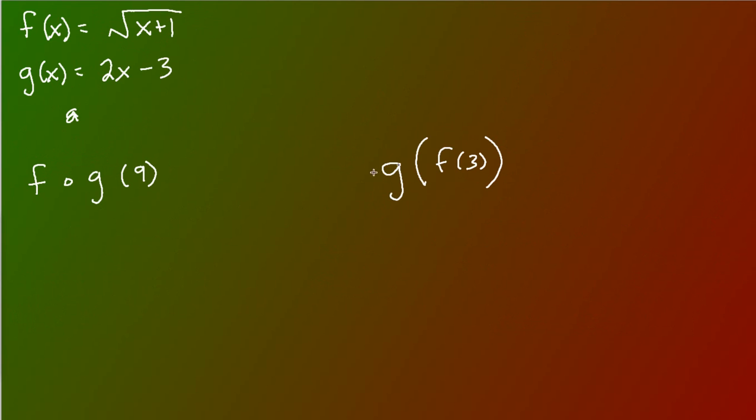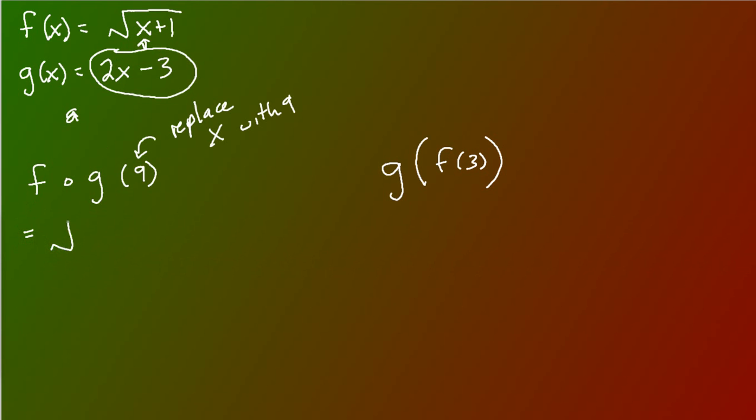All right, so last thing is maybe I'm composing, but then I want to evaluate. So this means I'm going to compose, but I'm going to replace x with 9. Okay, so in this, f compose g, I'm going to put 2x minus 3 into here. So this equals square root.